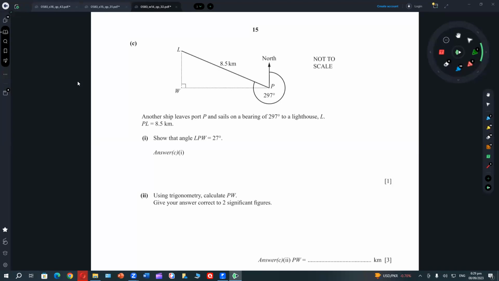He says calculate the angle. So show that the angle LPW. If you can mark with me this angle, we need to find this angle.